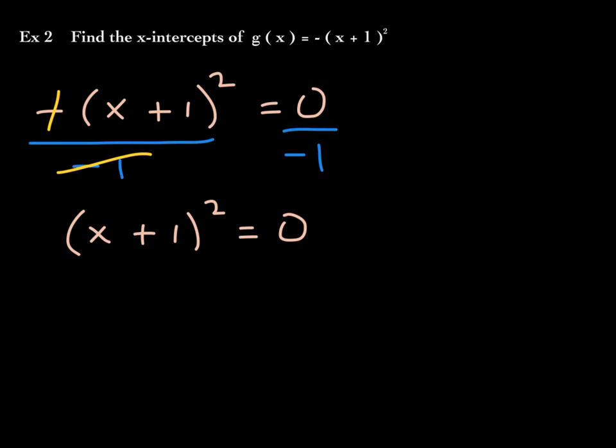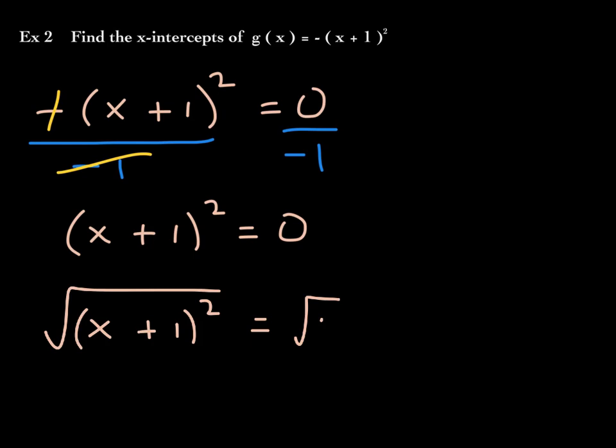So I'm going to take the square root of the left-hand side and the square root of the right-hand side. This is called the square root property. The square root action cancels out the squaring action because they are inverse operations. So I'm just going to put a slash through that and a slash through that.